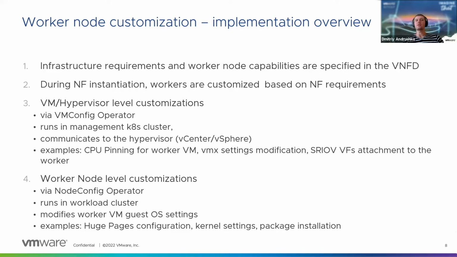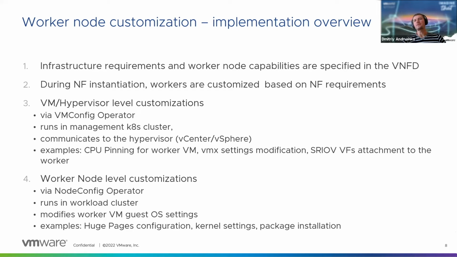For example, if you need real-time capabilities of the worker node. All such settings are made using a special operator called node config. And this is a part of the Telco Cloud Automation tool, and it supports these and many more other features.